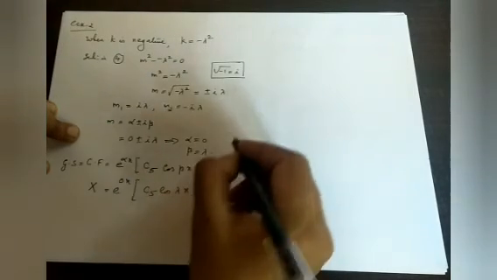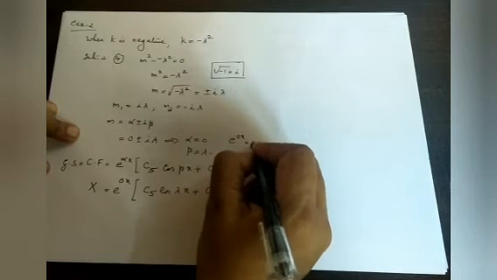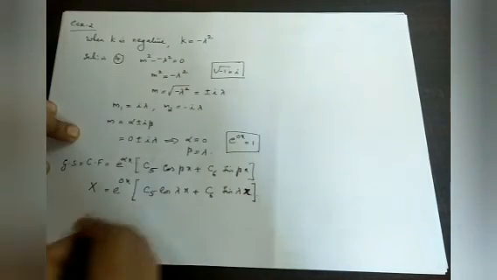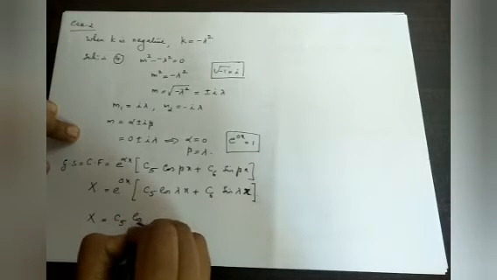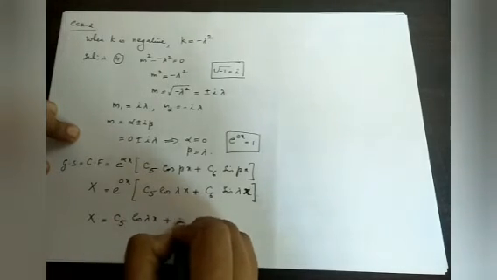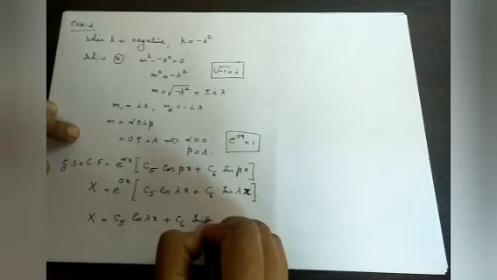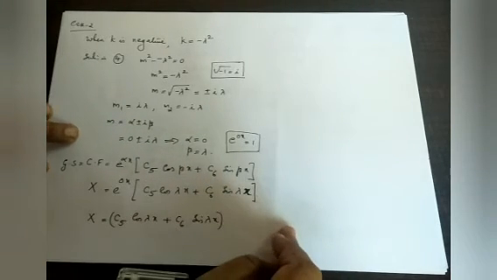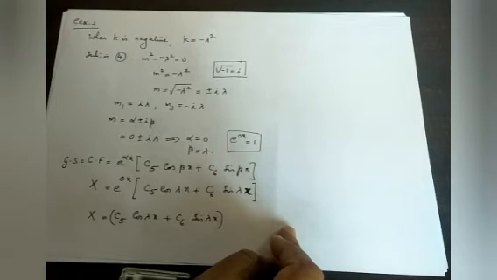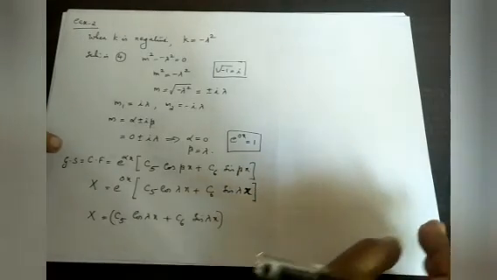E raised to 0 is 1. Therefore, we have x is C5 cos lambda x plus C6 sin lambda x. Similarly, we can do the same for equation number 5 also.